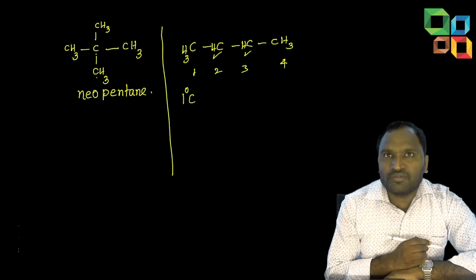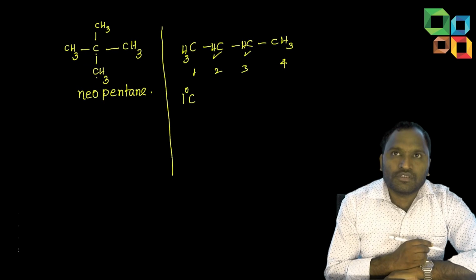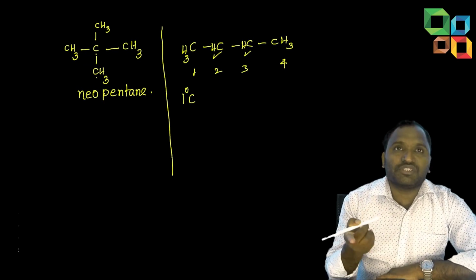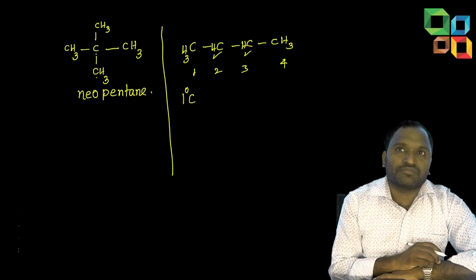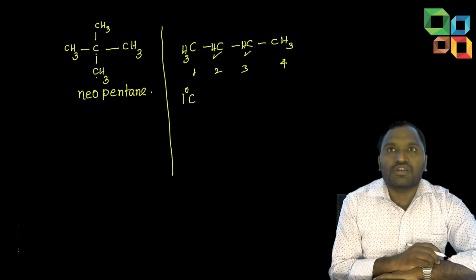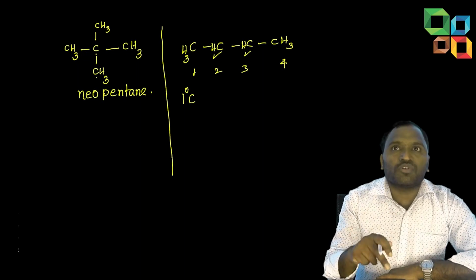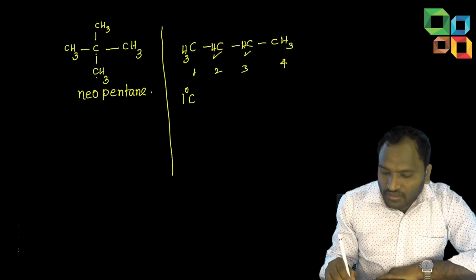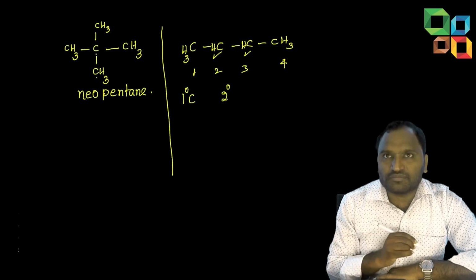What about the second one? Second carbon is connecting with how many other carbon atoms? 2 carbon atoms. So it is second degree carbon or secondary carbon.